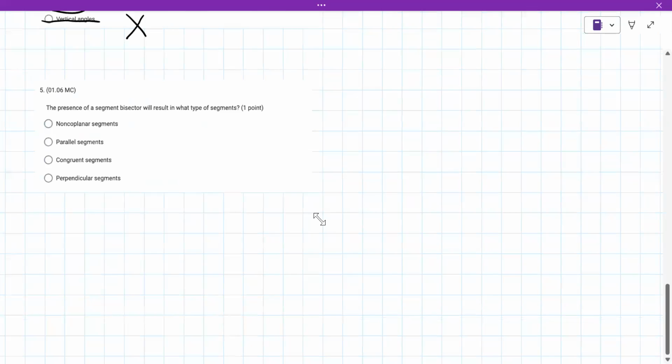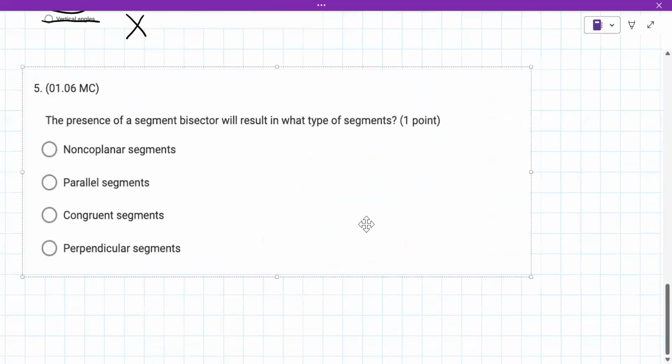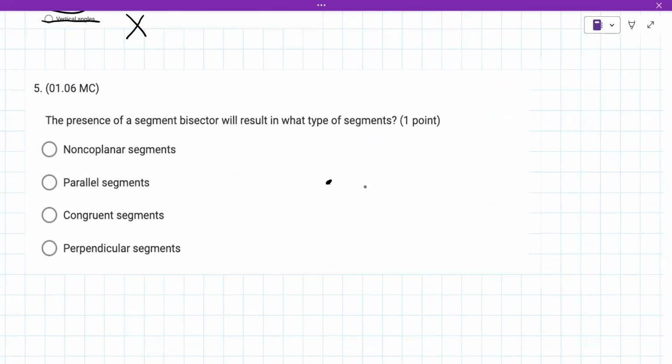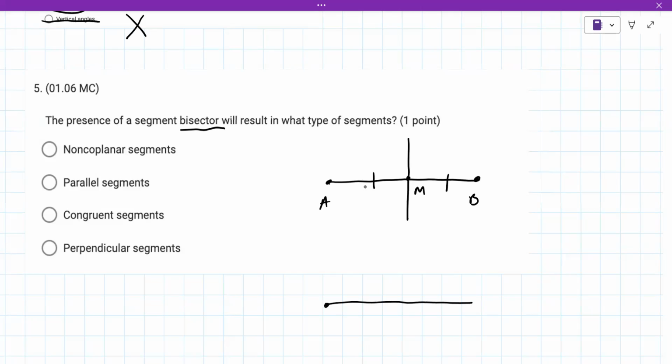All right, so the presence of a segment bisector will result in what type of segments? The idea is that here is a segment, let's call it A to B. If you bisect it, that means you cut it in half. These are congruent. It doesn't have to be cut in half by a vertical. You could cut it in half at an angle.